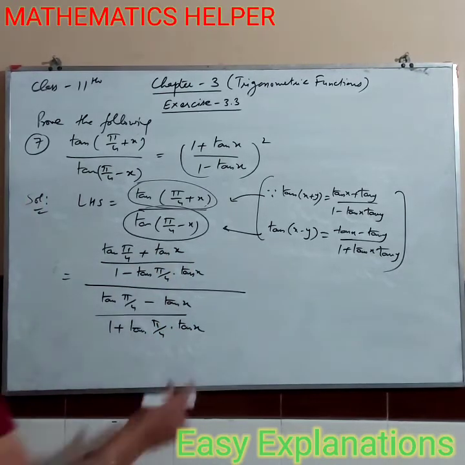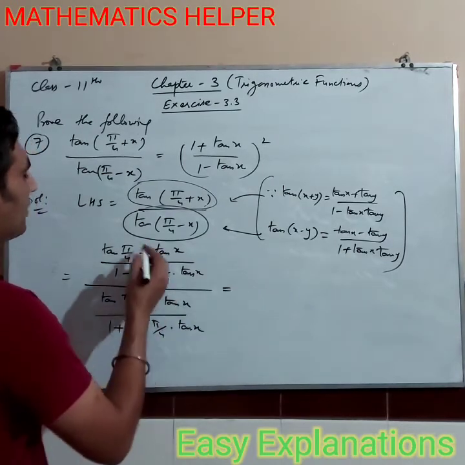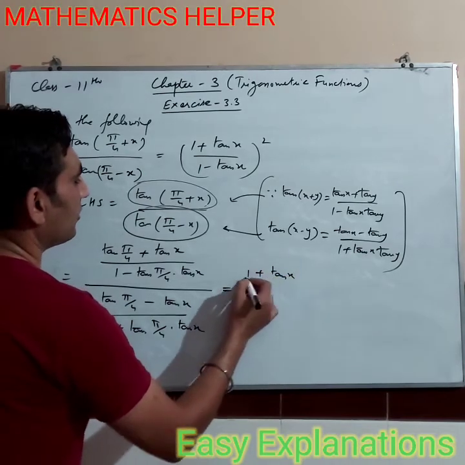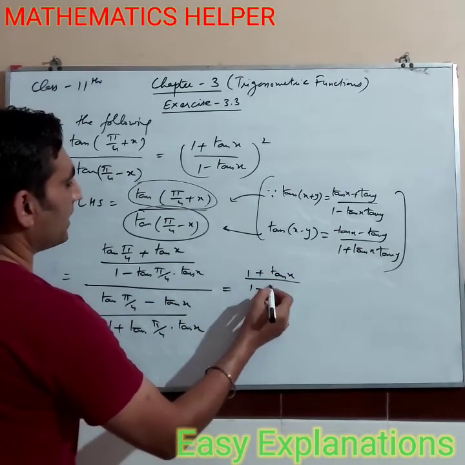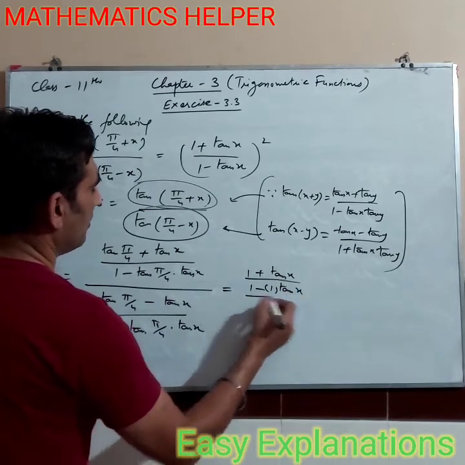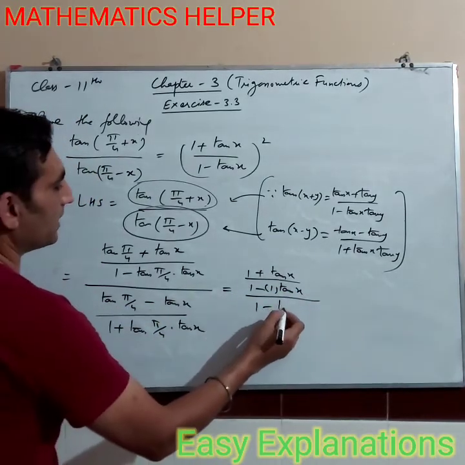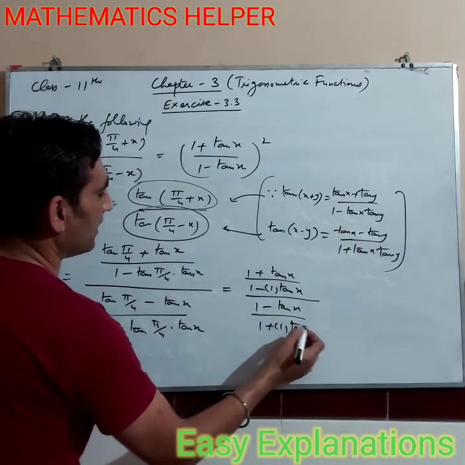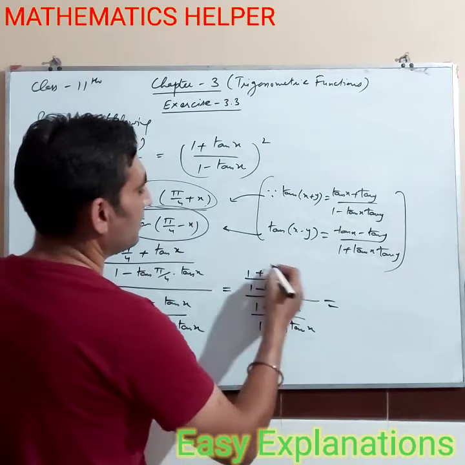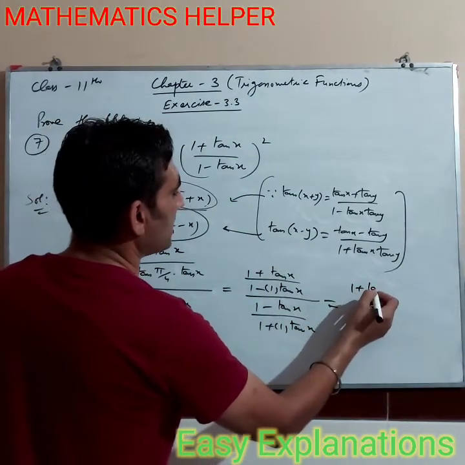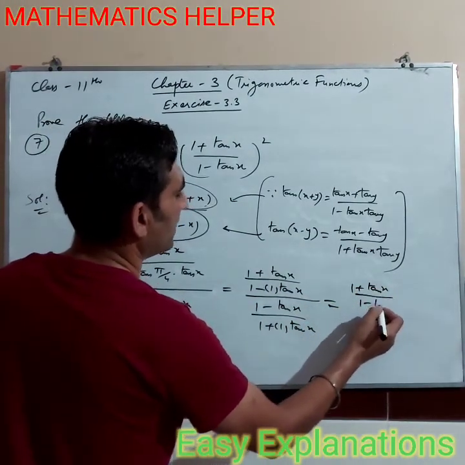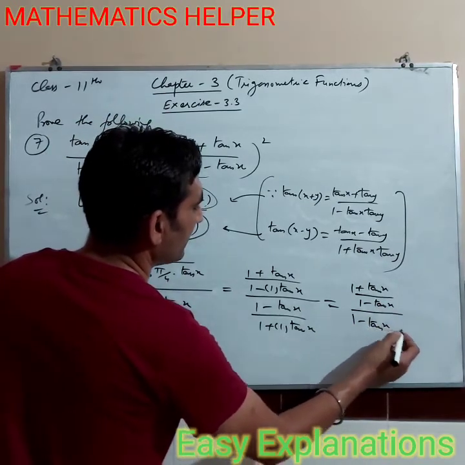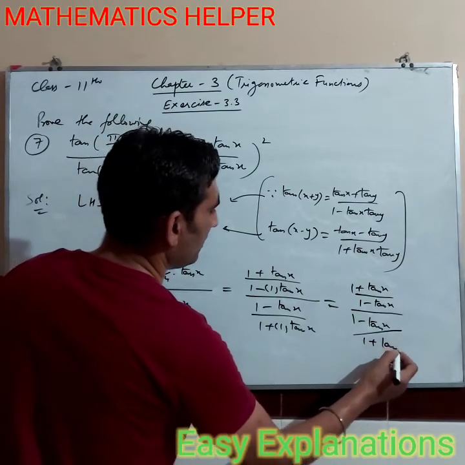But you should know what is tan pi over 4. Tan 45 degree is 1. So for this whole you have 1 plus tan x over 1 minus 1 into tan x, and over 1 minus tan x upon 1 plus tan x.